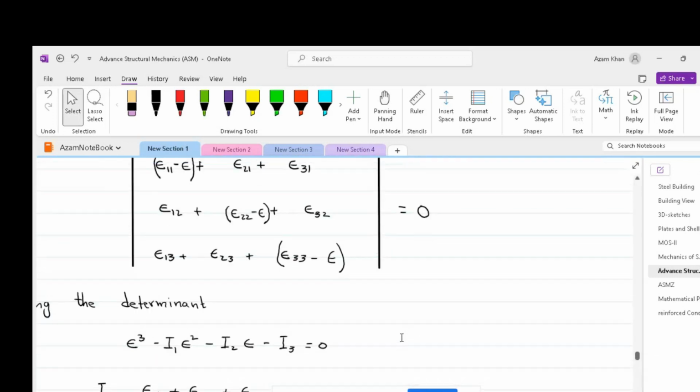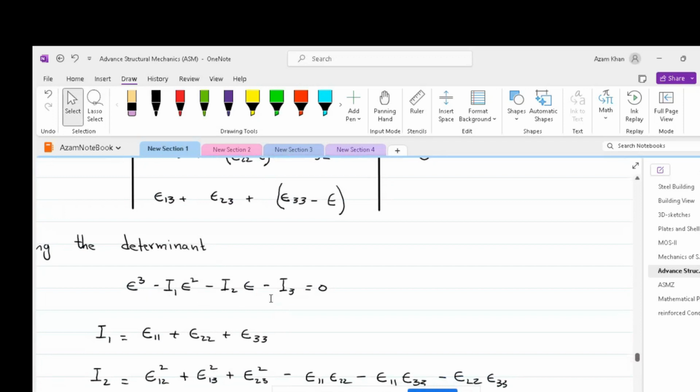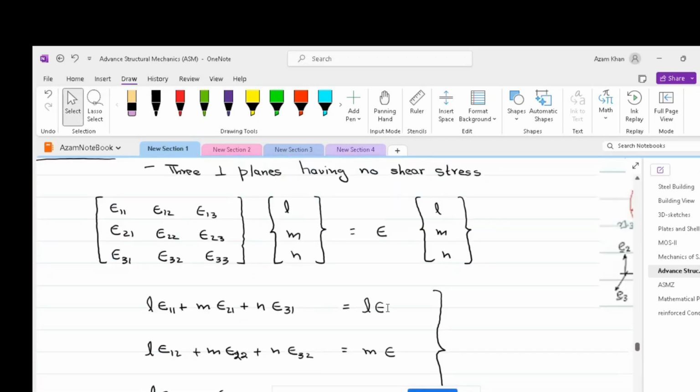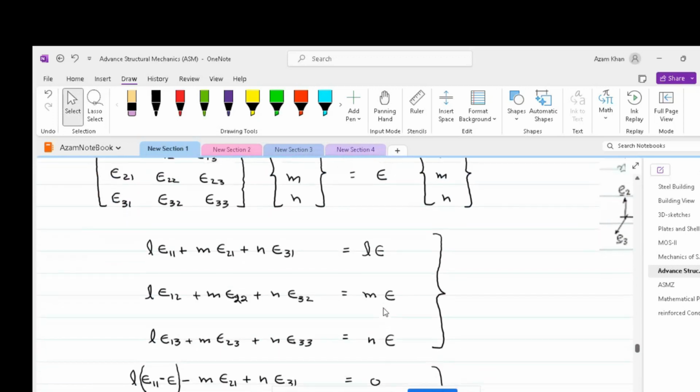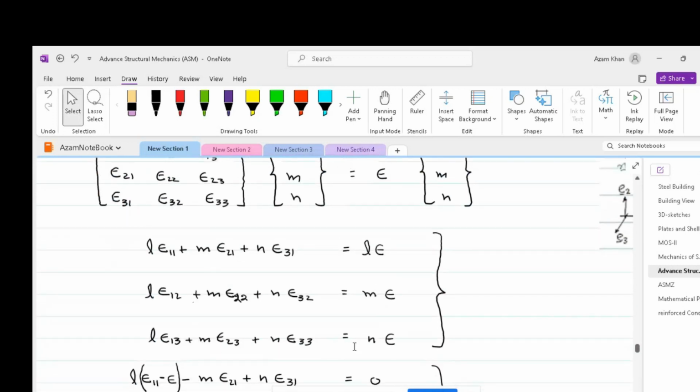Thus, to summarize, after getting three values of the eigenvalues, we can plug the eigenvalue back in these equations. And using the identity L square plus M square plus N square equal to 1, we get three independent equations and three unknowns, that is L, M, and N. Once they are solved, we get the eigenvector for the particular value of the scalar eigenvalue.